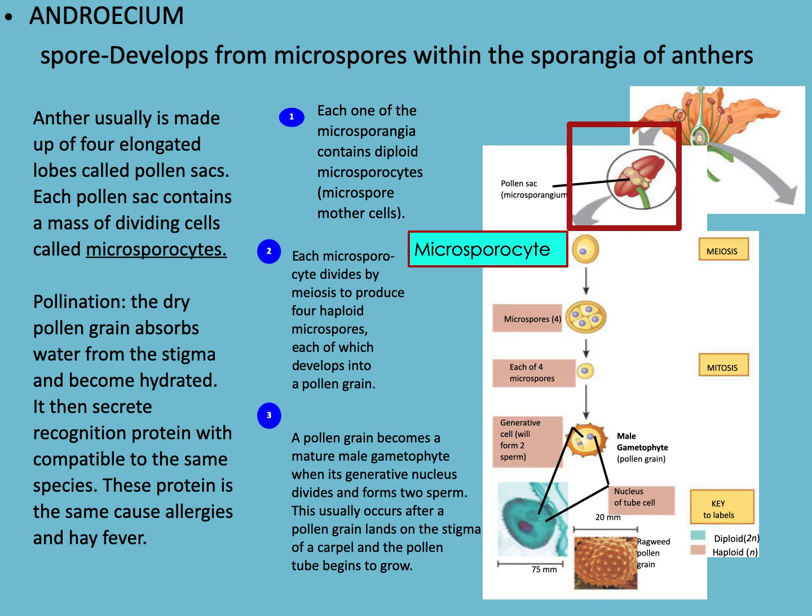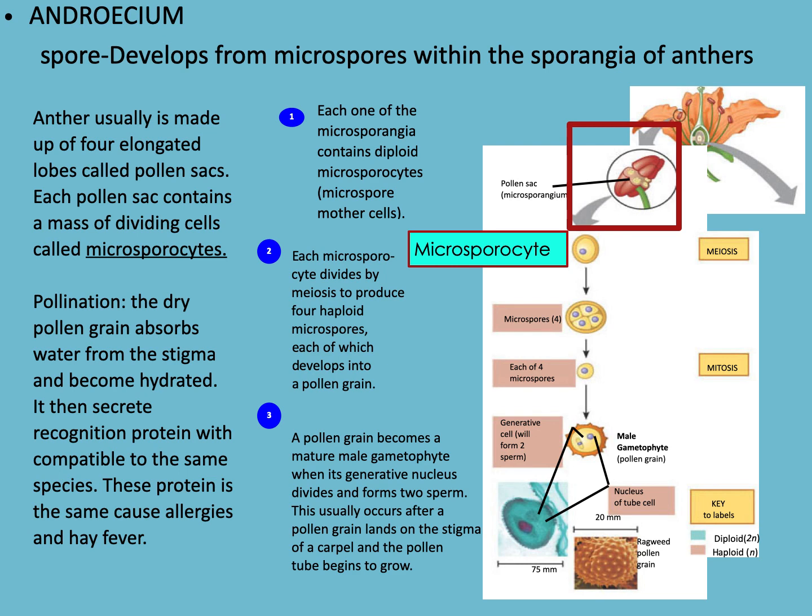Early in the development of the anther, each pollen sac contains a mass of dividing cells called microsporocytes. Each microsporocyte divides by meiosis to form four haploid microspores.